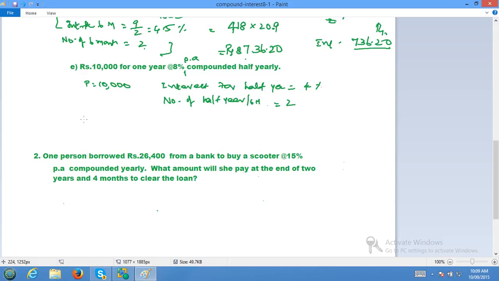So A is equal to principal into 1 plus interest, 4% per half year. So you solve 10,000 multiplied by (100 plus 4) divided by 100, not 4 by 100, the whole squared. We solve.